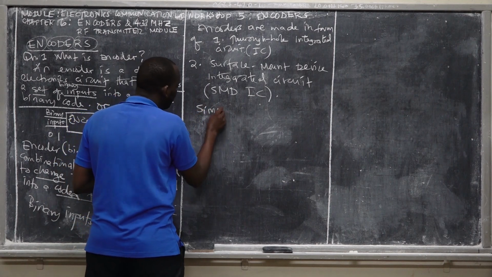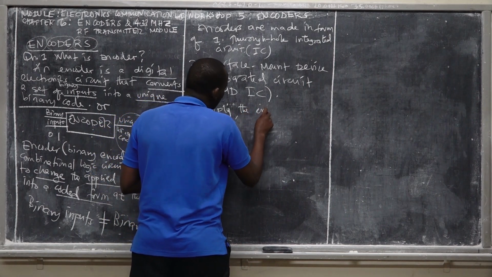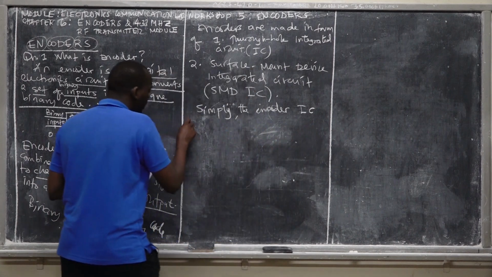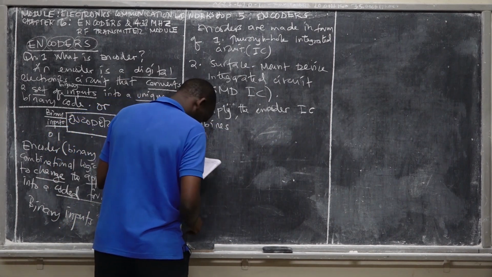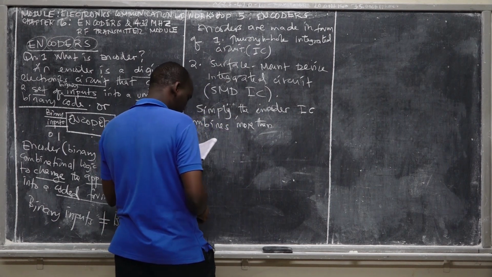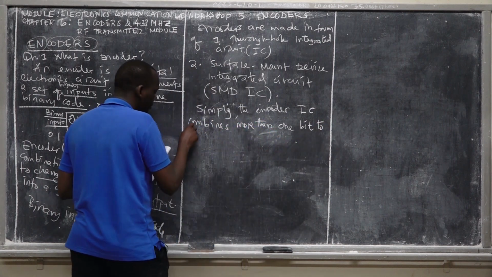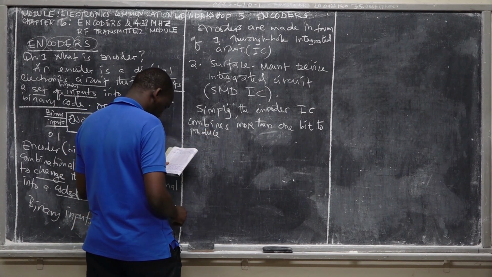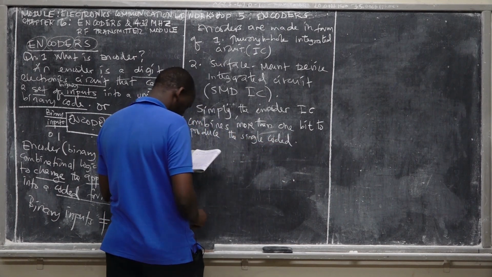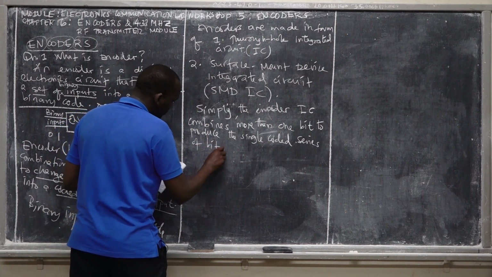So say again, simply, the encoder integrated circuits combine more than one bit to produce a single coded series of bits.